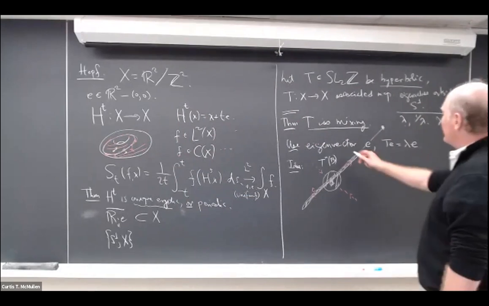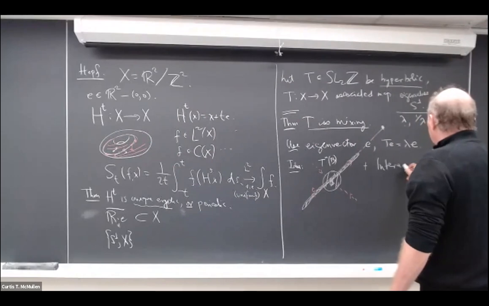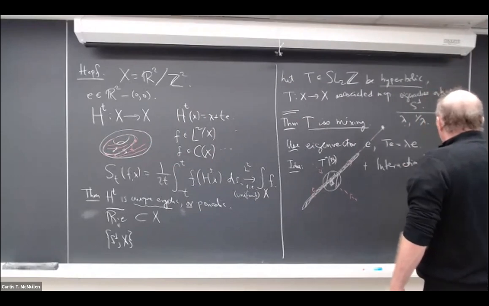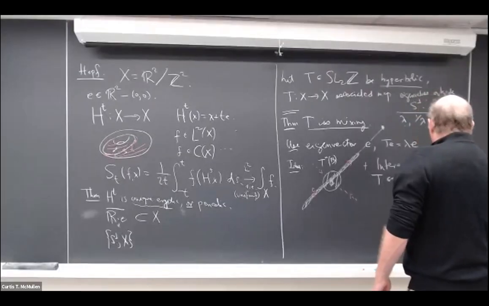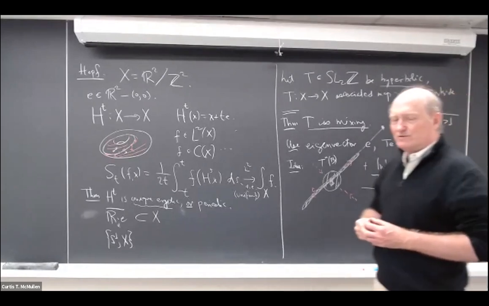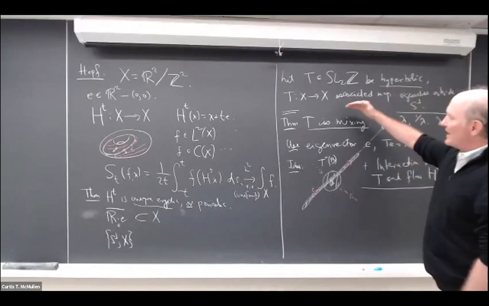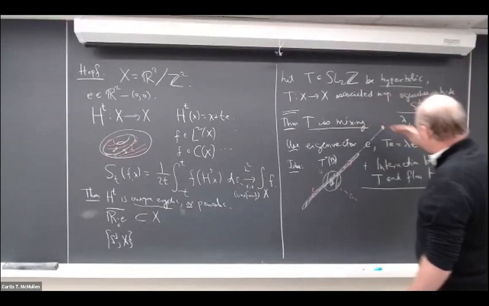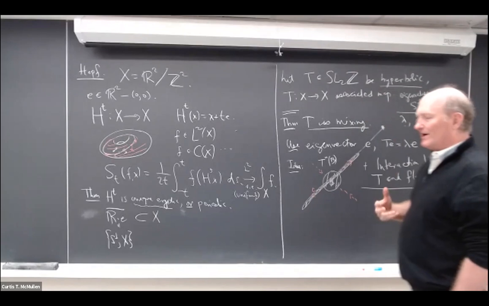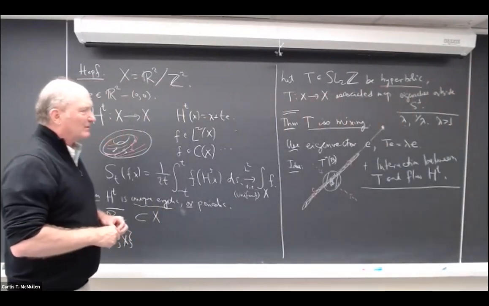Okay, so we're going to use this eigenvector, and then we're going to use the interaction between T and the corresponding flow, H_t. And this is one of the biggest ideas in dynamics: we're starting with T, and we're going to analyze T by enriching the set of dynamical systems we study.